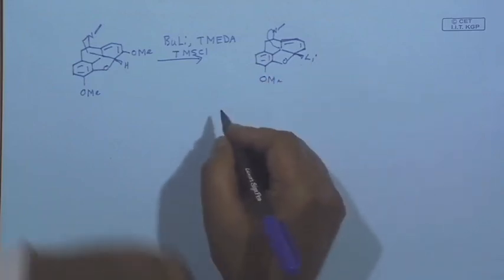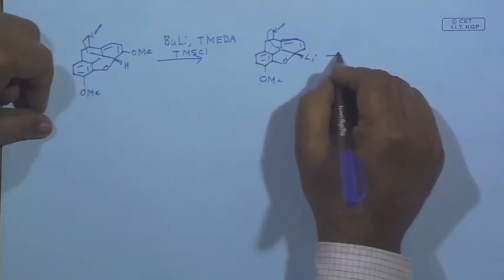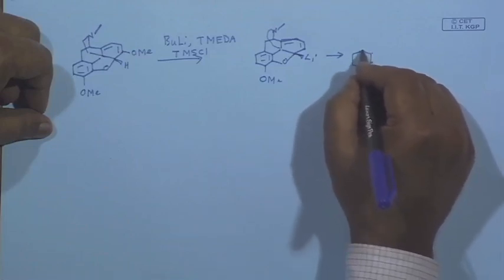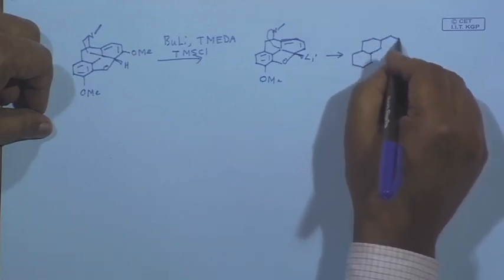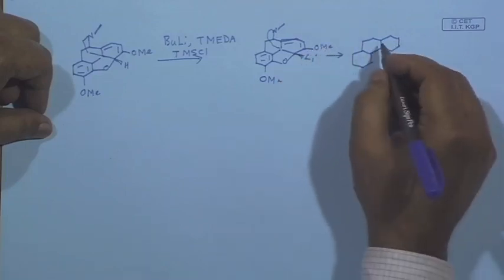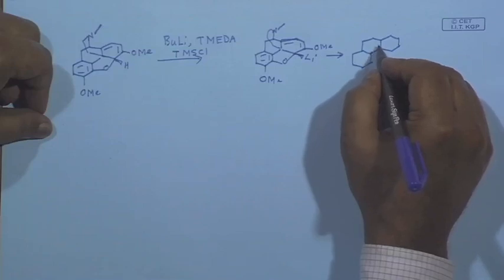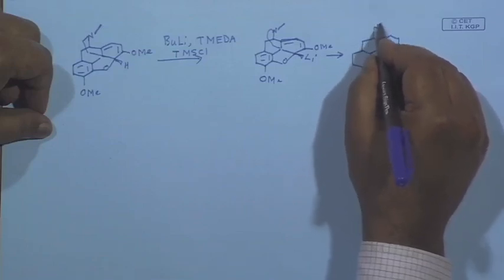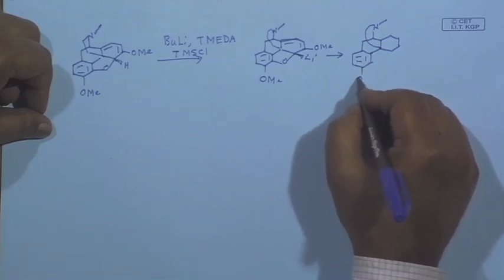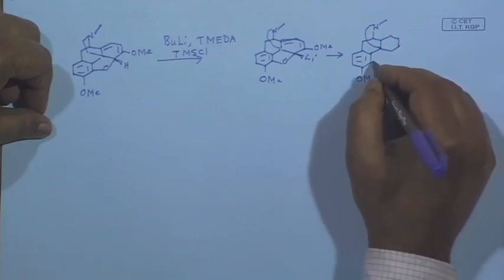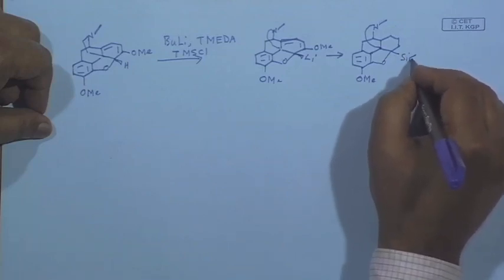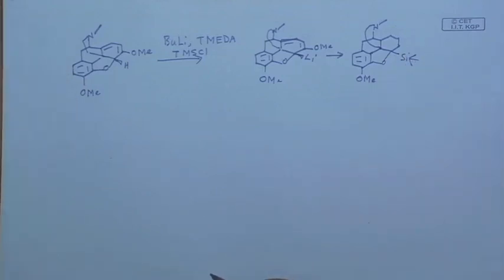So, if you use the TMS chloride, what you will find? You will find again the nucleus remains as it is. Then you have this nitrogen, all these things, then this is a bridge here, and then you have OMe, and you get this silicon incorporated in the position alpha to the oxygen.